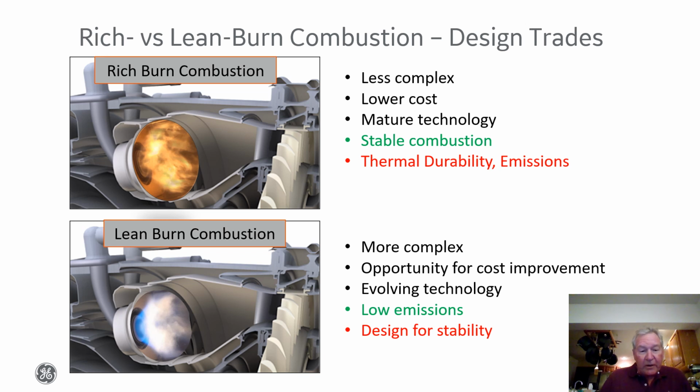Now, this does come at a price, because as we have found also in our Powergen gas turbines, where we are implementing lean premixed combustion strategies, we find that stability is compromised, both from a fundamental static flame stability perspective, as well as a dynamic or thermoacoustic instability perspective. And I'll go into more detail on that phenomenon.